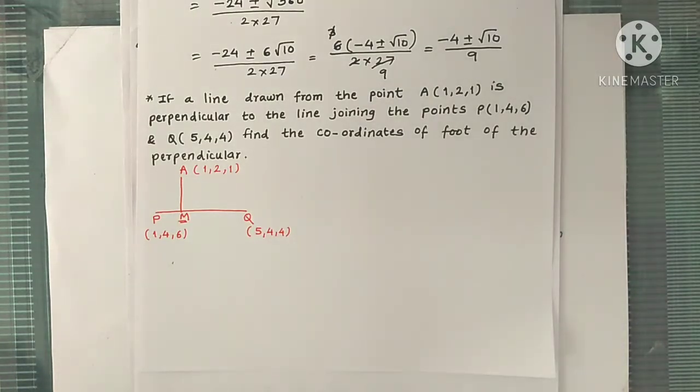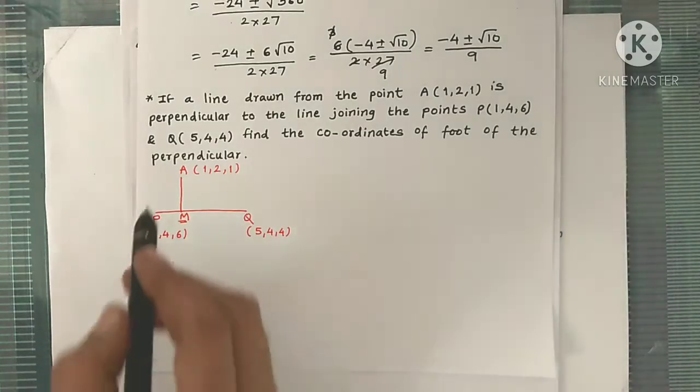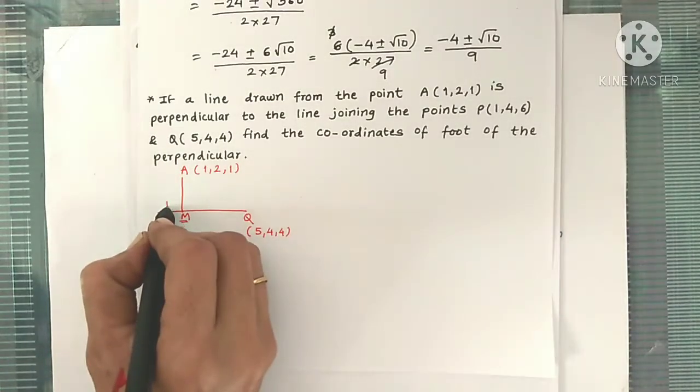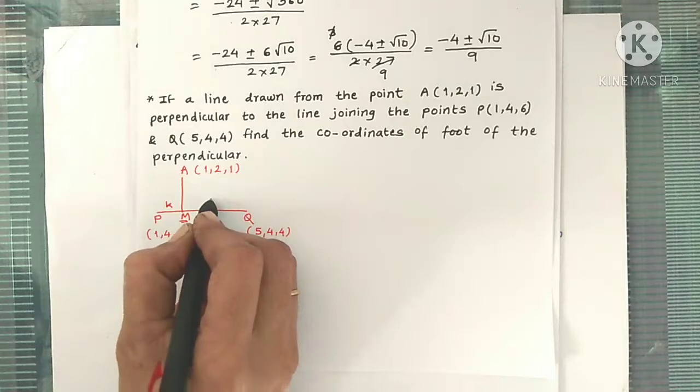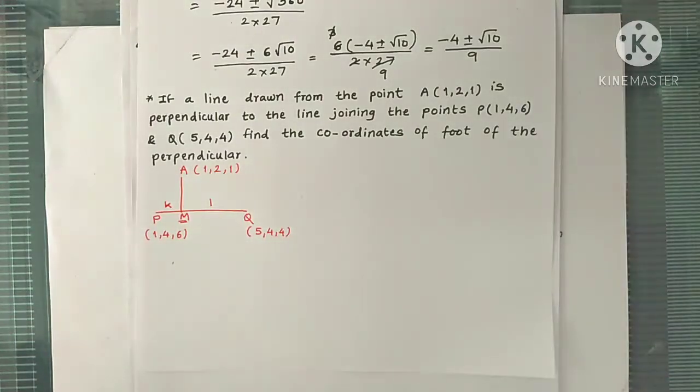Now to find M, let's take the ratio in which M divides PQ as k is to 1. M lies on PQ, so M divides PQ in some ratio. Whenever the ratio is not known, we have to take it as k is to 1 to minimize the unknowns.